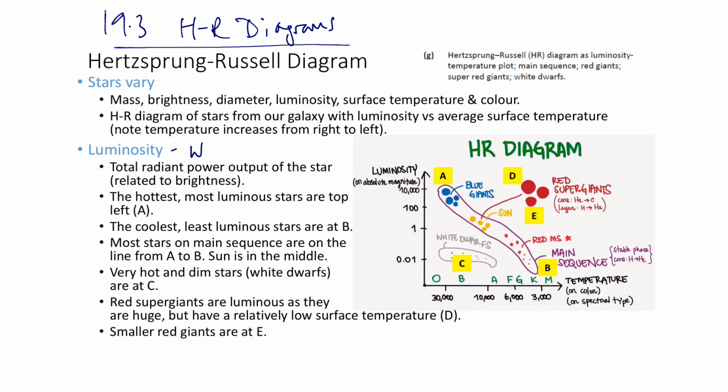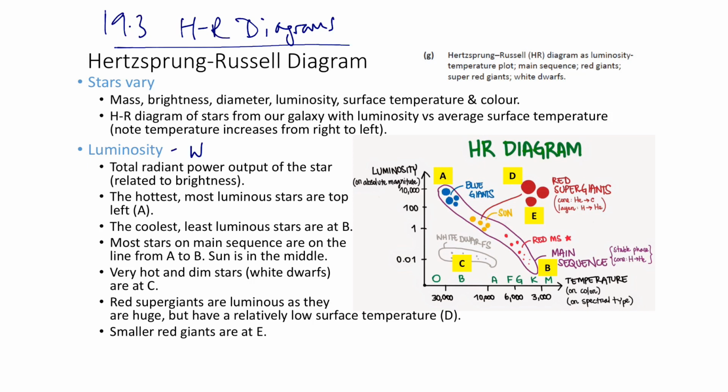Our sun's somewhere in the middle, so that's yellowy orange, and as a star gets cooler, its colour goes redder. So most stars do sit in this region between A and B, the main sequence, and our sun is somewhere in the middle, as I mentioned.